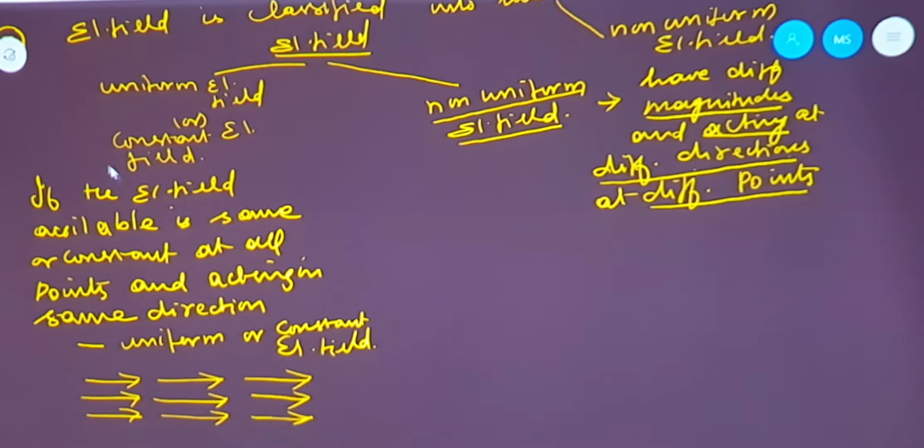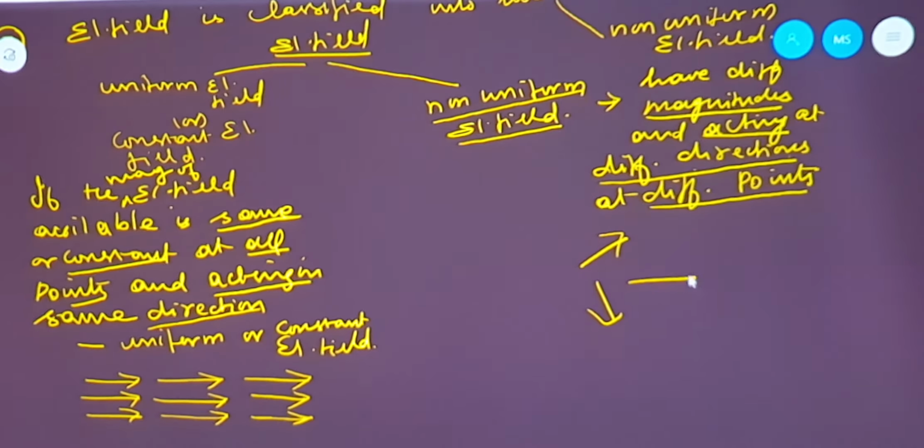But here, you can write like this, if the magnitude of electrical field is the same or constant and acting in the same direction at all points, then it is called a uniform electrical field. How can a non-uniform electrical field be drawn? A non-uniform field can be drawn like this. Then this is called a non-uniform electrical field.